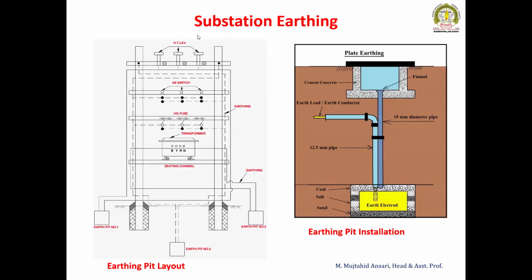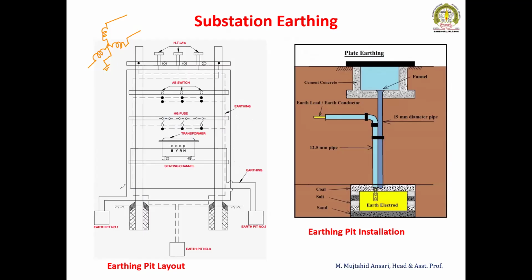Neutral earthing is provided for the transformer neutral, the generator neutral, and so on, because in a generating plant the generator is connected in star. In that case the neutral is connected to the ground. It may be connected through an inductor or resistance for protection purposes. Whereas body earthing is connected to the non-current carrying metallic parts.